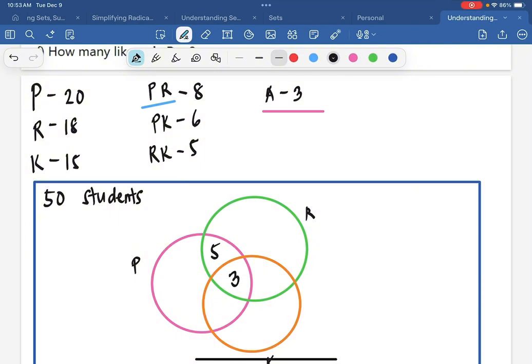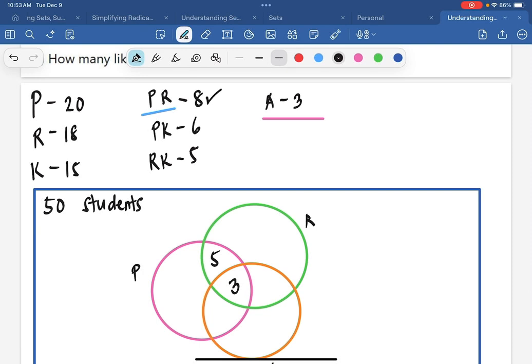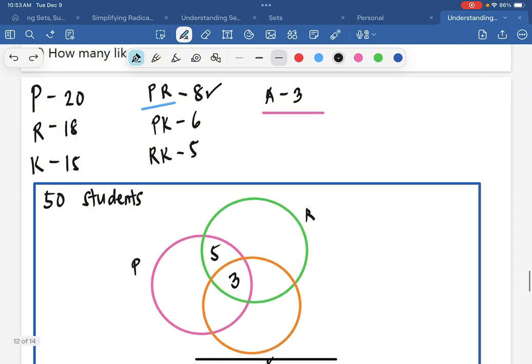Okay, so remember, if you get to have only the P and R like this, diba, that is 8. So all you need to do is to take note of the given and subtract it using the intersection of the 3. Now next, let's have PK.